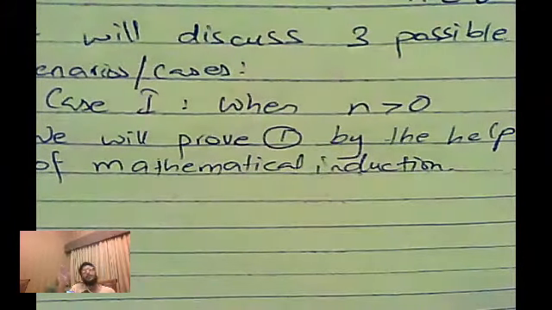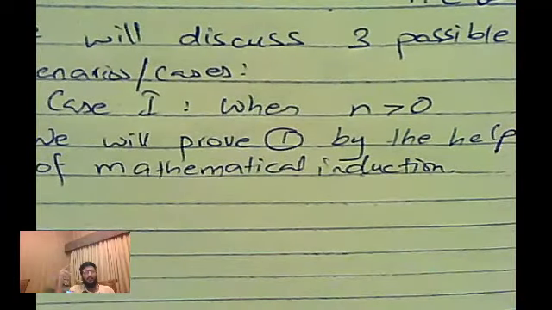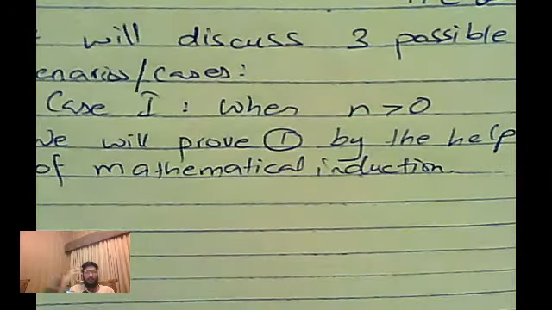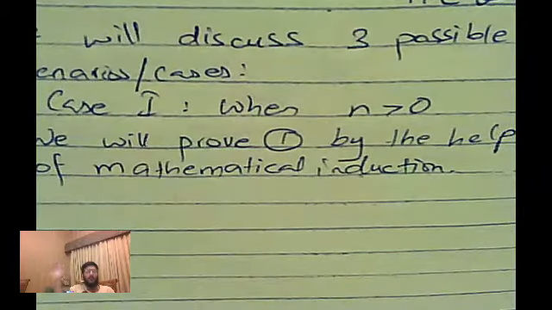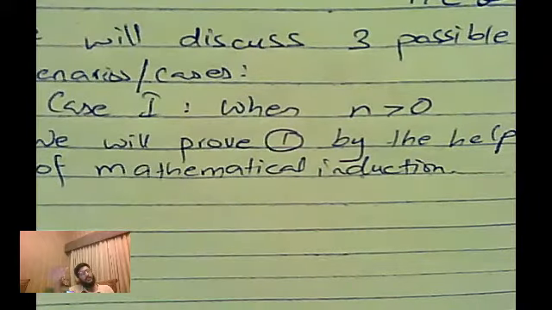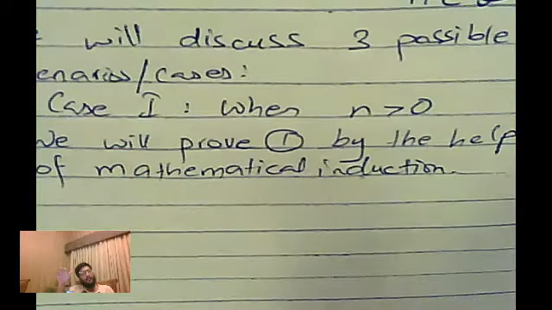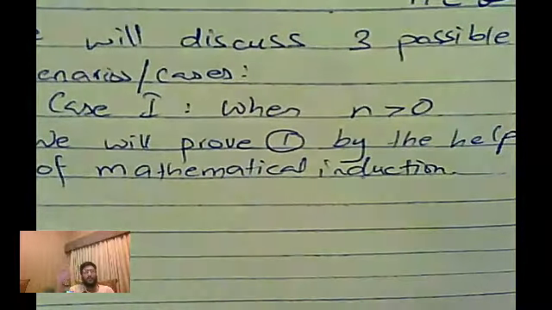Second step is we have to suppose that n equals k and the result will hold true. We have to suppose that if we put n equals k, any random number, then the result will hold true. And then step number 3, we have to check whether the result holds true for n equals k plus 1.